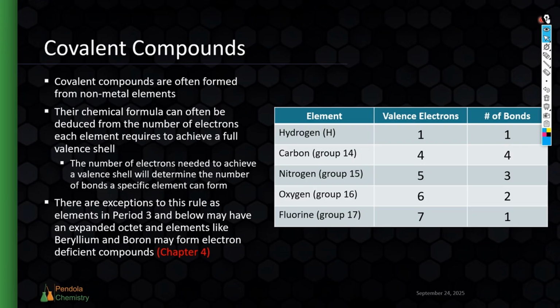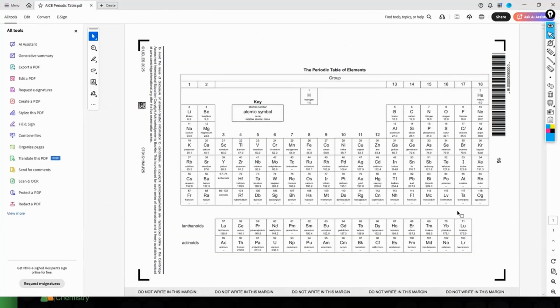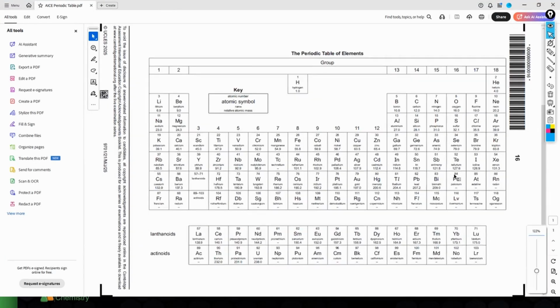Covalent compounds are often going to be formed out of non-metals. So the main culprits here are going to be hydrogen, carbon, nitrogen, oxygen, fluorine. But really any non-metal can form a covalent compound.